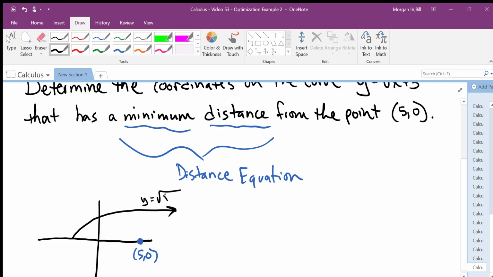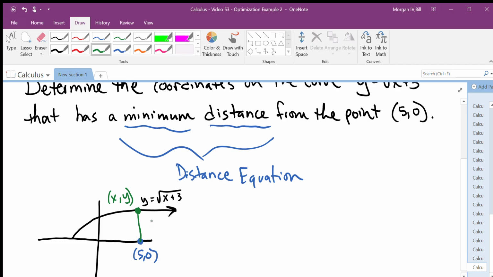What we know, or maybe we don't know, but we will know, is that we want to minimize the distance between the curve and the point. There is some point on the curve, I'd say it's about right here. There's some point (x, y) on that curve so that the distance between the curve at that point and (5, 0) is the minimum.